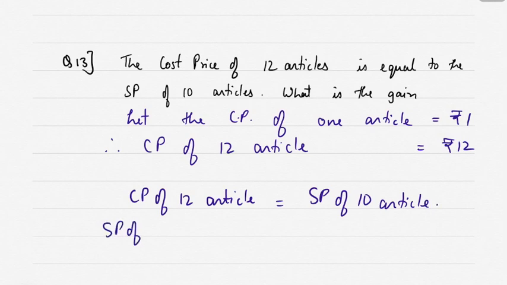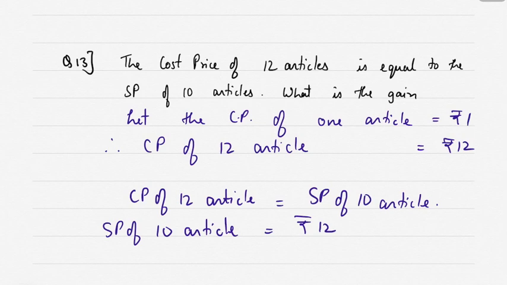That means selling price of 10 articles is equal to rupees 12, because cost price of 12 articles is 12. So selling price of 10 articles will also be 12, because cost price of 12 articles is equal to selling price of 10 articles. Correct?